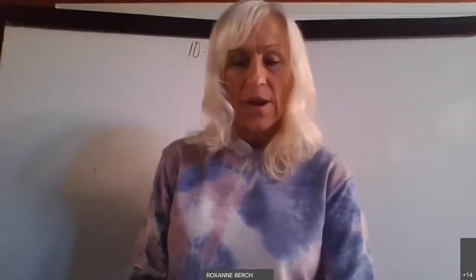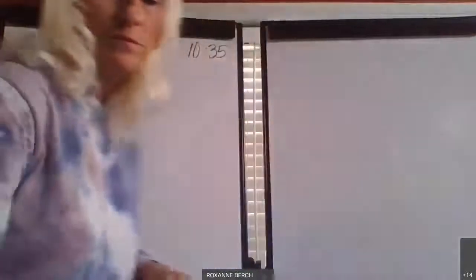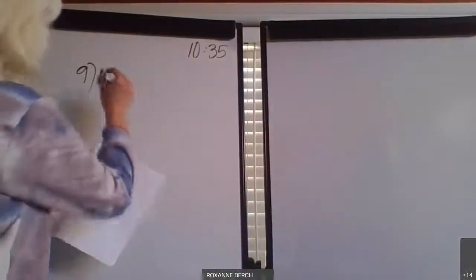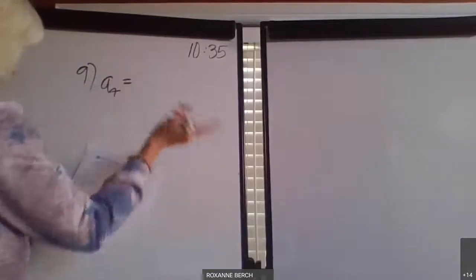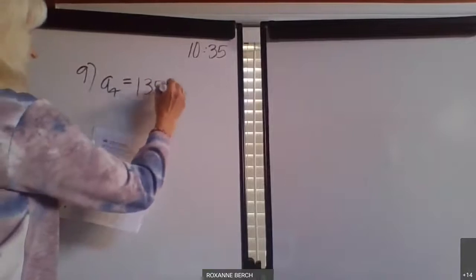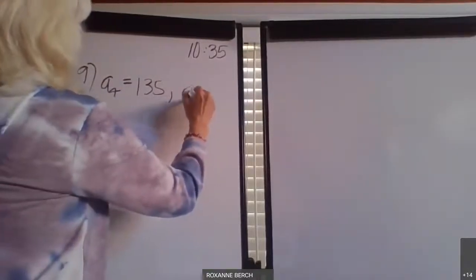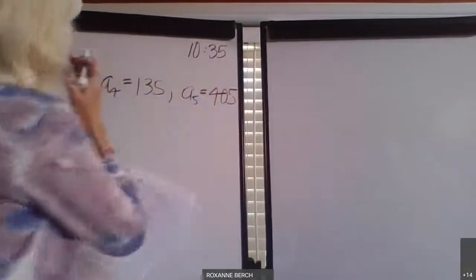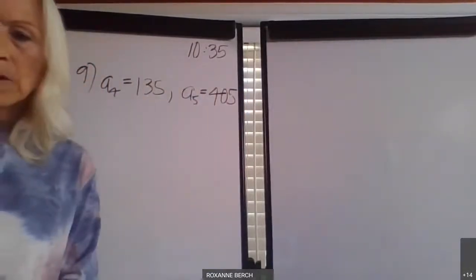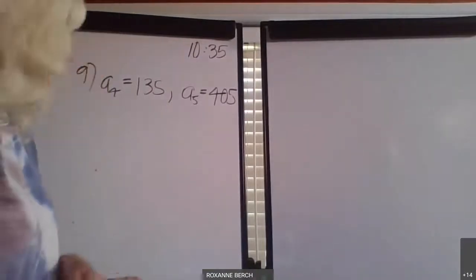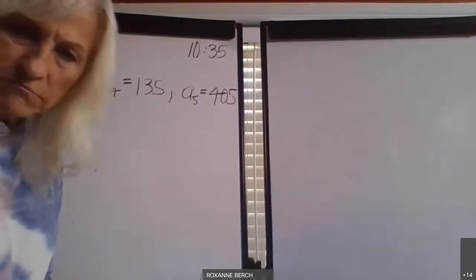Yeah. All right. So what I want to do now is I want to look at number 9. So number 9 is the fourth term. The term in the fourth position is 135. And the term in the fifth position is 405. Well, in order to write the explicit rule, you need the first term, you don't have it.